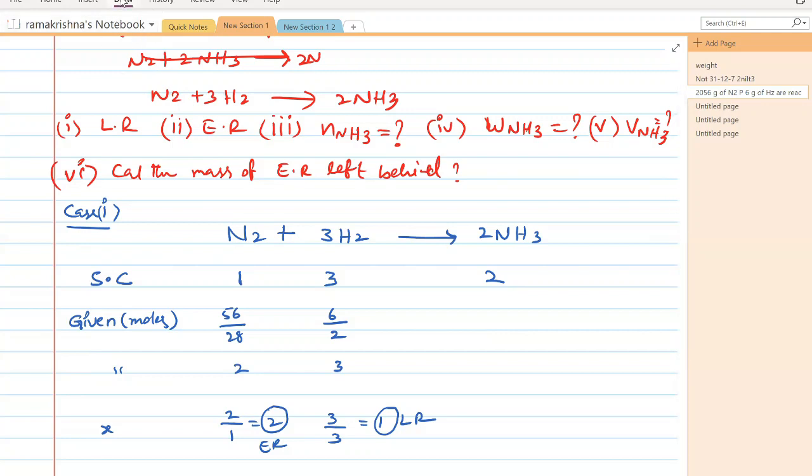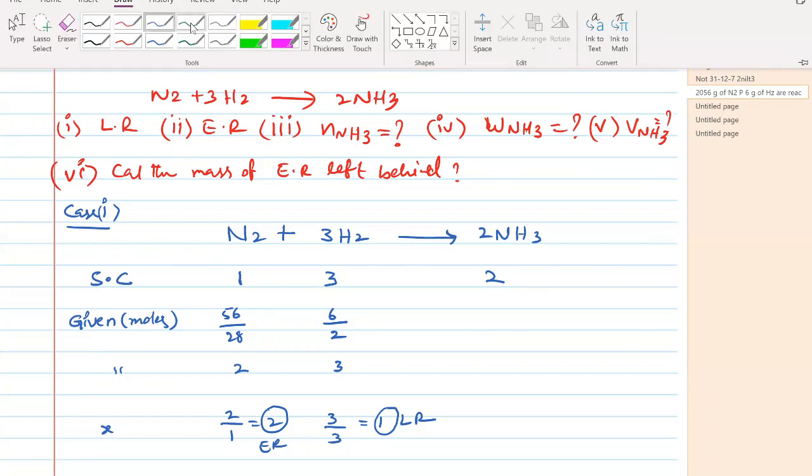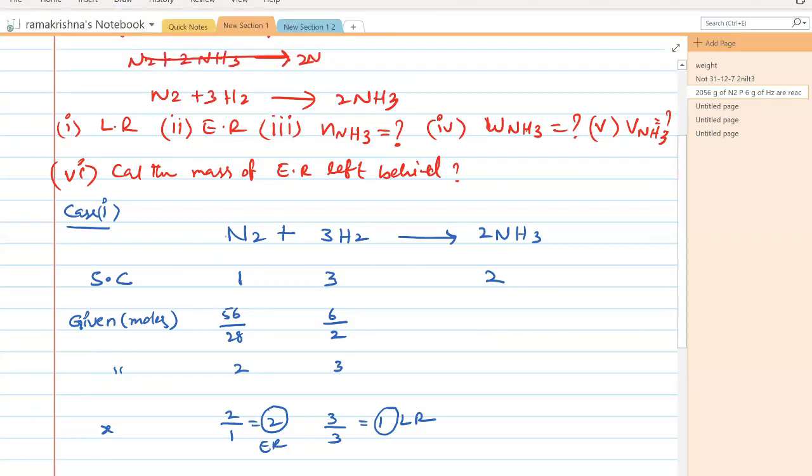According to the balanced equation, who is the limiting reagent? Hydrogen. When you have 3 moles of hydrogen, there is a formation of 2 moles of NH3. What is the relation? 3:2.